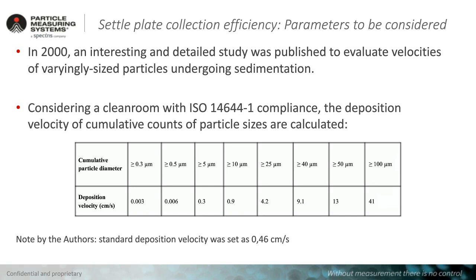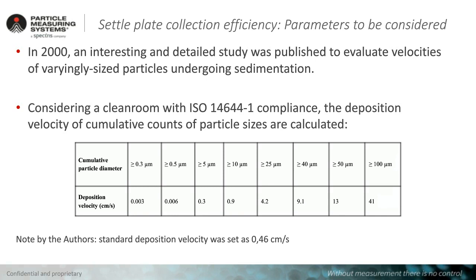What you see here is that the velocity increases dramatically when you go above 10 micrometers, and of course it depends on the size and weight of the particles. In this respect, remember that the standard deposition velocity in EU GMP is set to 0.46 centimeters per second, or similarly in the FDA GMP.